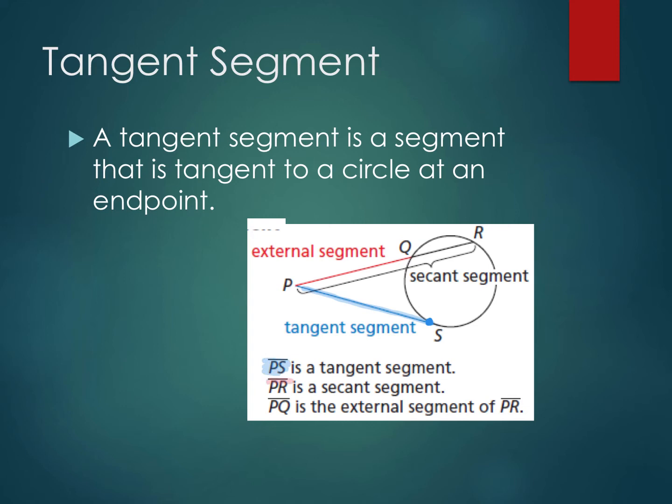PR is a secant segment, this whole thing here. And the piece of it that is outside of the circle, PQ, is the external segment. So it's outside of the circle. It's a piece of the entire segment PR, but it's the segment that's outside.